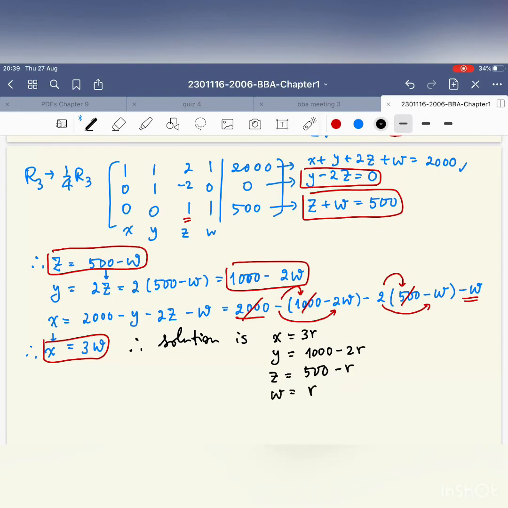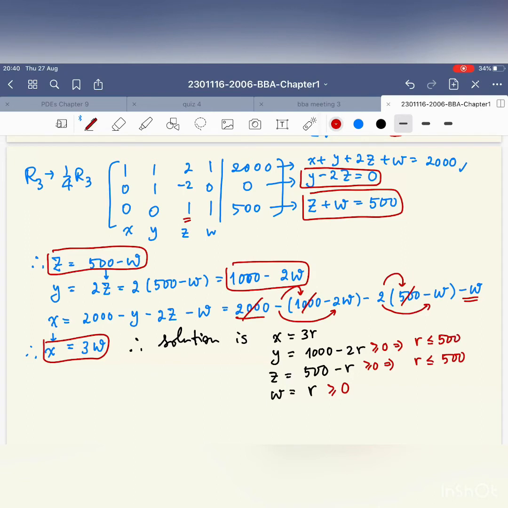Okay, of course your r must be greater than or equal to 0 because you are going to buy something, right? So this one as well must be greater than or equal to 0, so it means that your r cannot go beyond 500, right? And this one as well, if this one is greater than or equal to 0, your r still cannot go beyond 500.